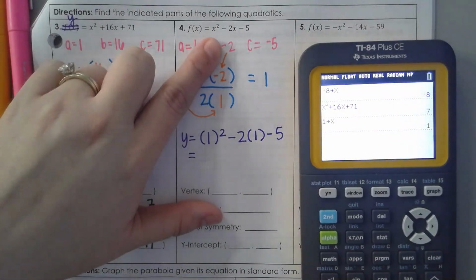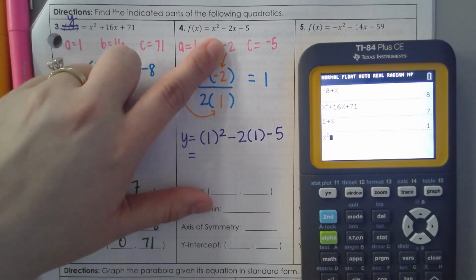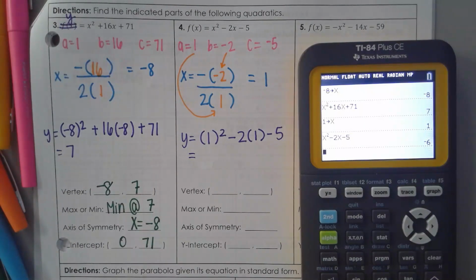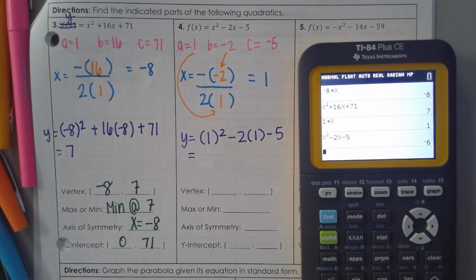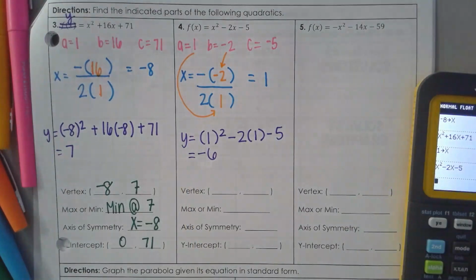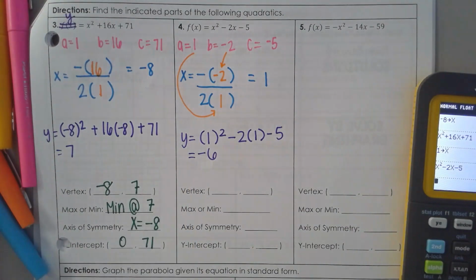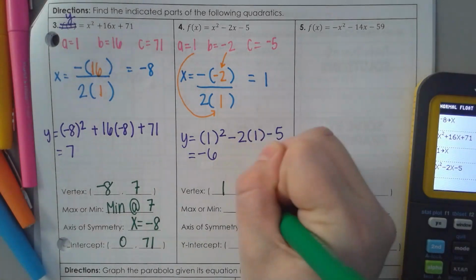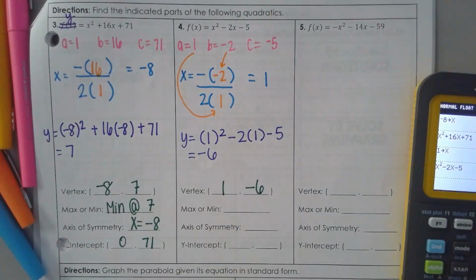And then type in your expression. And that gives you -6. So the vertex is at the point 1, -6.